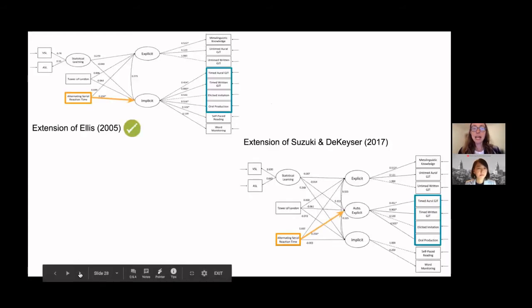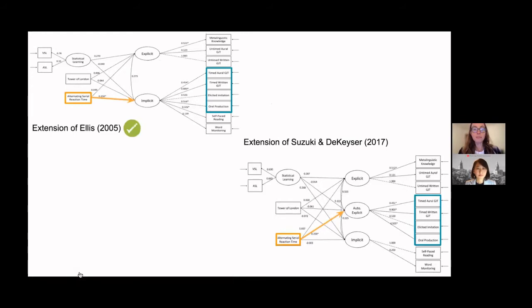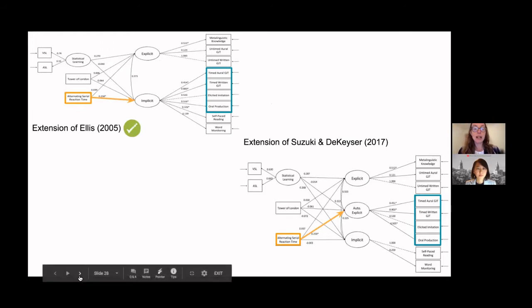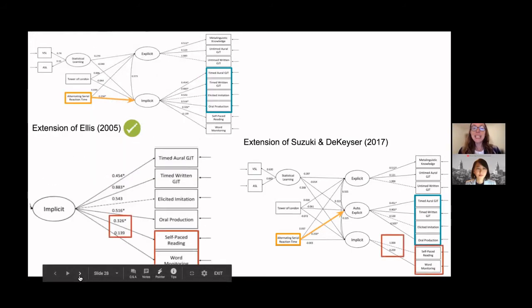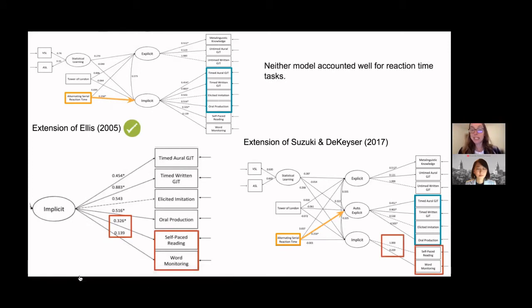At the same time, our models also indicated that even though the Ellis model was a better fit for our data and was ultimately the final model that we interpret, neither model really accounted well for the reaction time tasks.